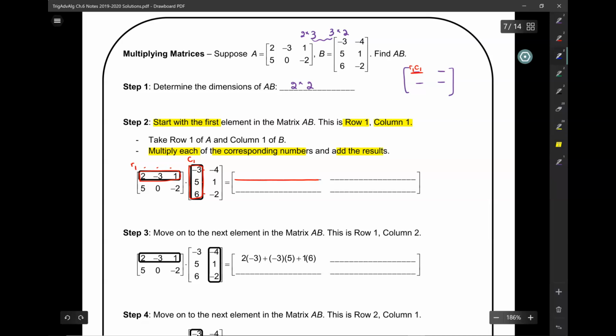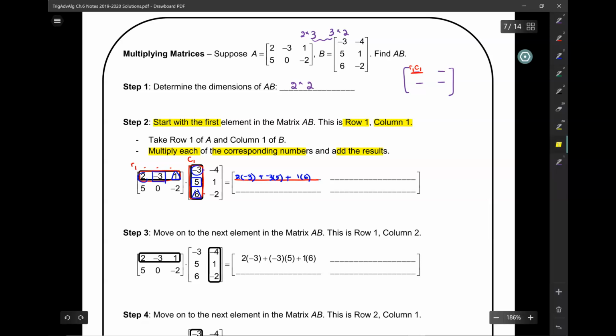In row 1, column 1, I multiply the first number with the first number, plus the second number with the second number, plus the third number with the third number. Okay? So that's what goes in row 1, column 1.